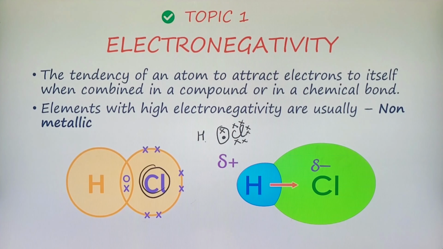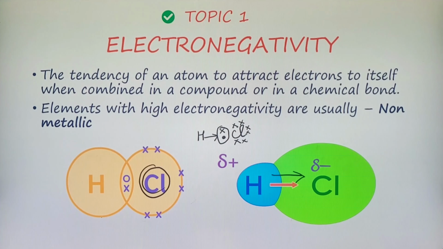Though both have contributed one electron, the whole electron pair shifts towards the more non-metallic element, which is chlorine. Clear? What is the definition, children? It is the tendency of an atom to attract the shared pair of electrons towards itself. The more non-metallic element will pull the electrons towards itself.